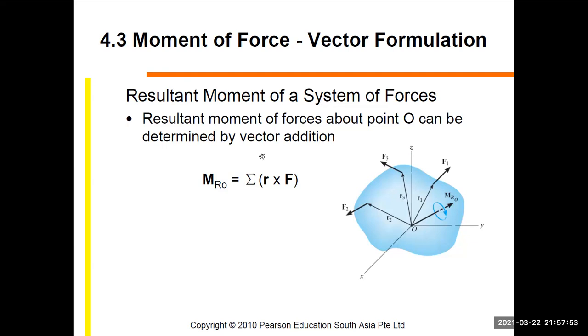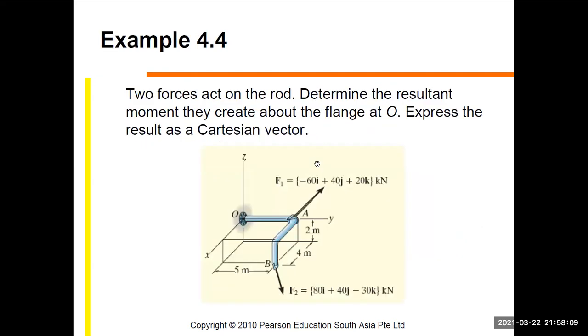Of course the resultant moment is the summation of all R's cross F's. So R1 cross F1 plus R2 cross F2 plus R3 cross F3 and so on, giving the resultant moment about point O from all of these forces. Another example: two forces act on the rod; determine the resultant moment they create about the flange at O. Express the result as a Cartesian vector.